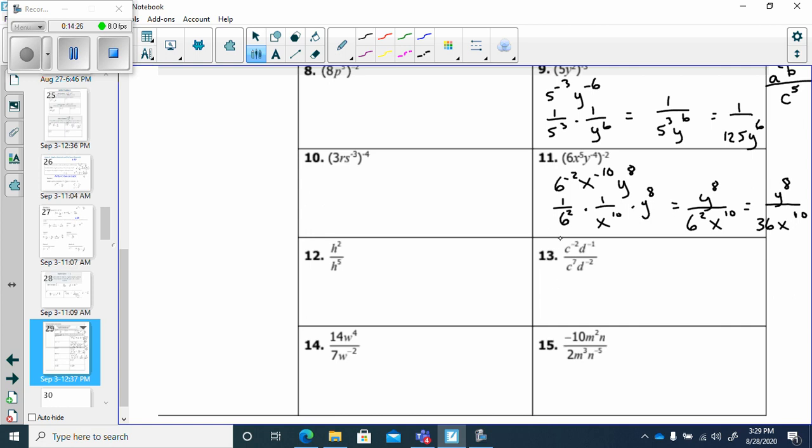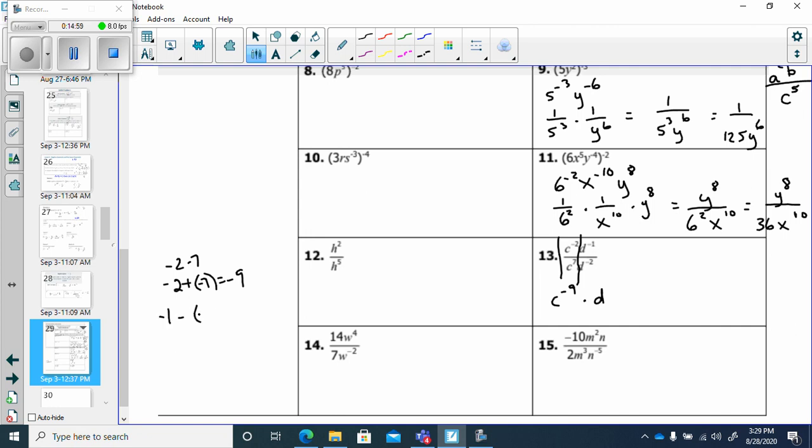Let's look at these. I'm going to divide these up into the c's and the d's. I've got c to the negative 2 divided by c to the 7th. Negative 2 minus 7. Whenever you've got a subtraction, you can rewrite that as the addition of the opposite. That gives me negative 9. This is c to the negative 9th times d to the, I've got -1 minus -2.